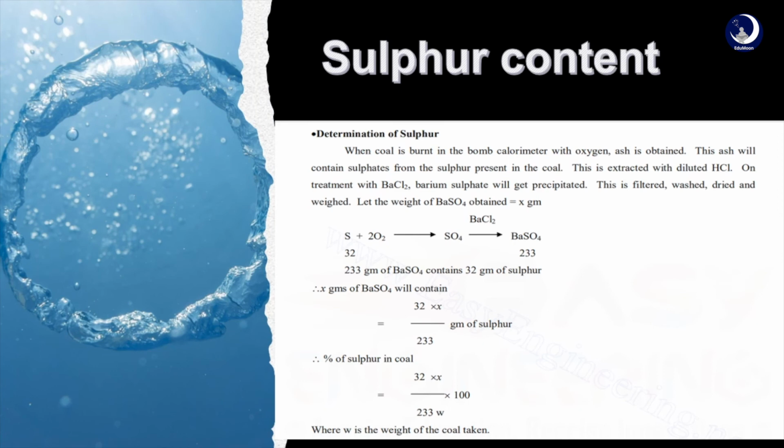During the determination, sulfur is converted to sulfate. Washings are treated with BaCl2 solution, when BaSO4 is precipitated, and the precipitate is filtered, washed and heated to a constant weight. The percentage of sulfur is the weight of BaSO4 obtained into 32 into 100 by the weight of coal sample into 233.